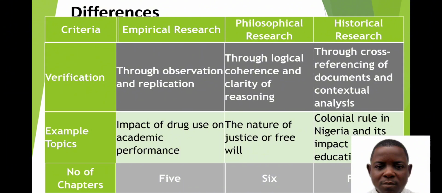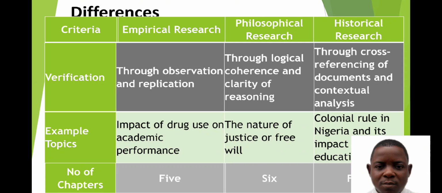So another point here is the number of chapters. Chapterization is very important in research. When you are on empirical research, it's usually 5 chapters. Your thesis, your report, is usually in 5 chapters. When you're dealing with philosophical research, it's usually in 6 chapters.